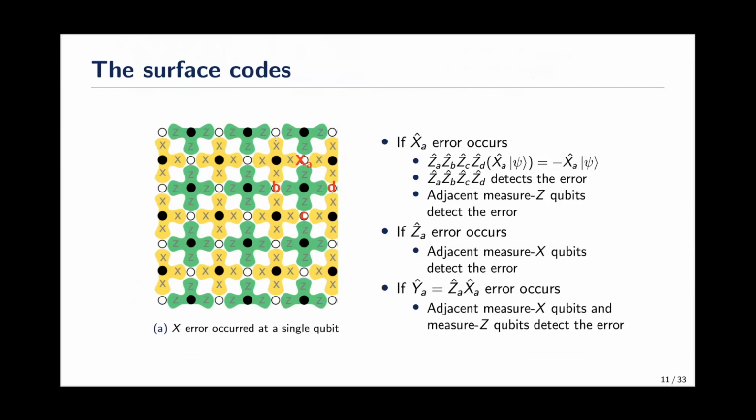And also this measure Z qubit detects the error. If a Z error occurs, the adjacent measure X qubit detects the error. And if a Y error occurs, the adjacent measure X qubit and measure Z qubit detect the error.